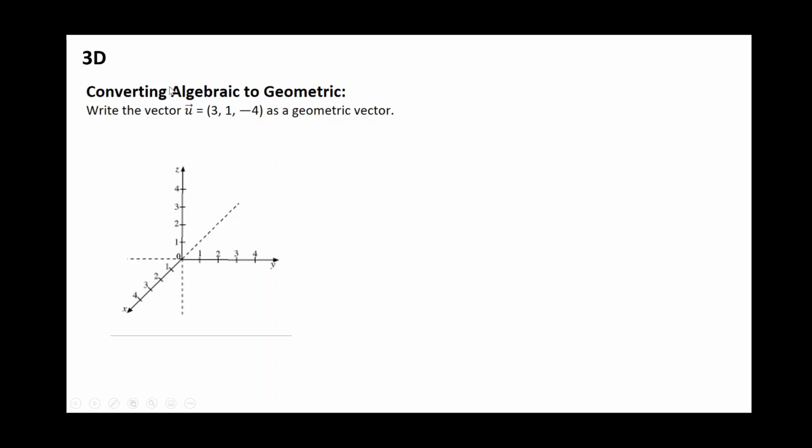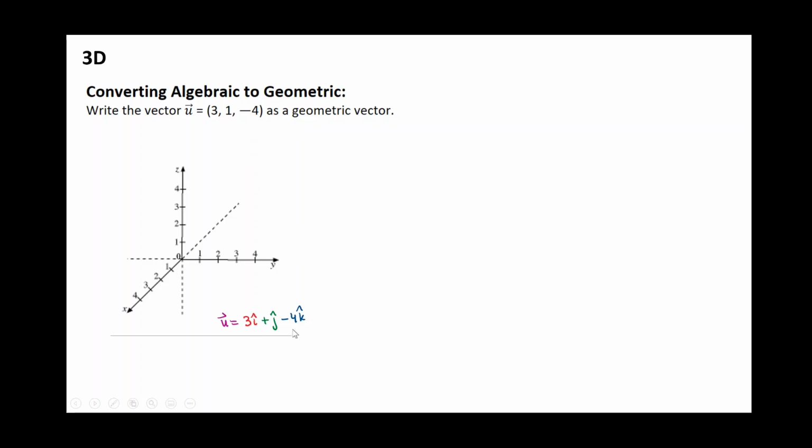Before we do that, let's discuss how to sketch a 3-dimensional vector. I'd like you to always think of the x-axis as pointing out directly at you. The y-axis will be horizontal, going to the right, and the positive z-axis will be going up. So this vector u could be rewritten from scalar form into this linear combination form.